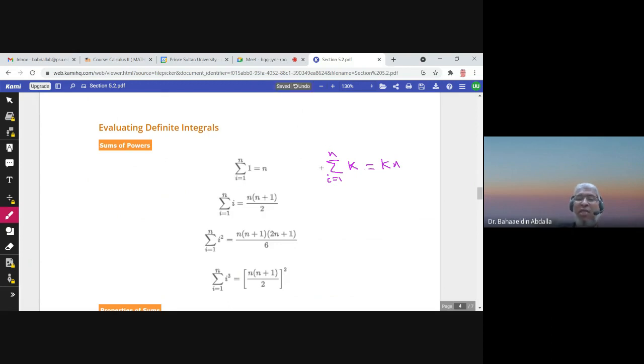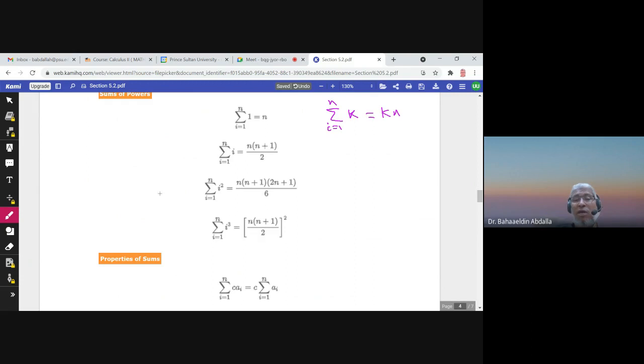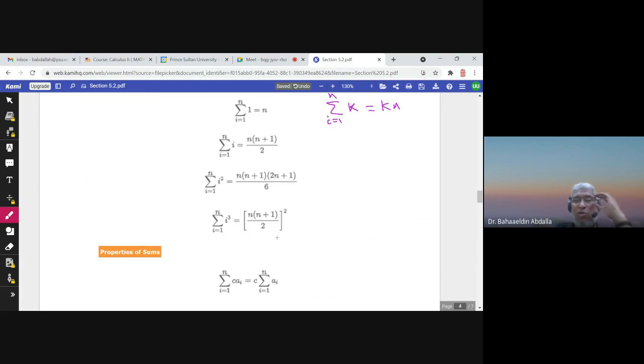Or you can take k out and you will have 1 inside. So you have n, so k times n. Summation i is this one. Summation i squared, we have seen it in 5.1. And this is summation i cubed. Notice that summation i cubed is exactly the same as summation i, but raised to the power 2.